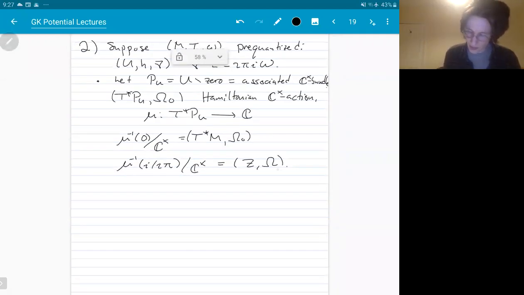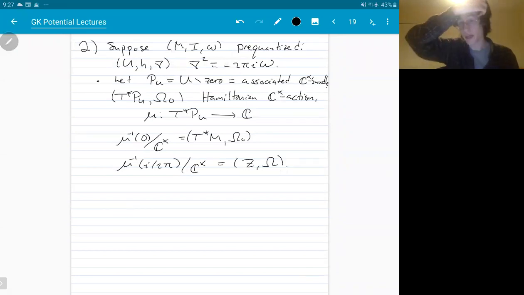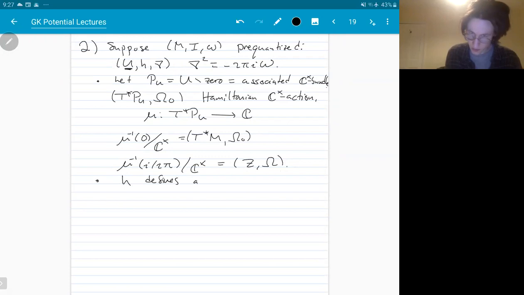Okay, so here's another way to see that Z doesn't depend on the particular symplectic form. It only depends on the line bundle, so only on the Chern class. But we have the metric as well. And so H, this metric, defines an S1 subbundle, S, inside of P. And then we can consider its conormal bundle.